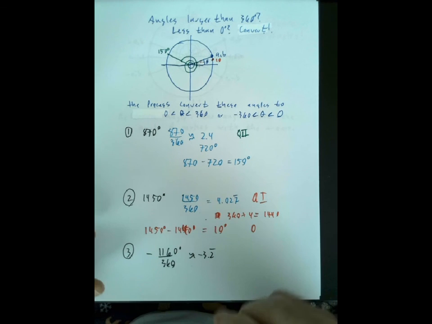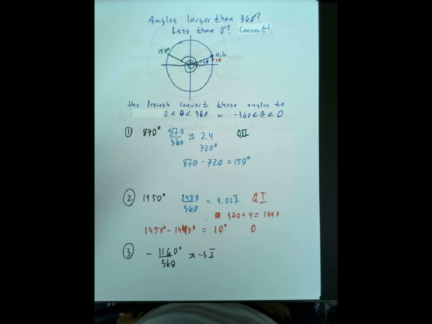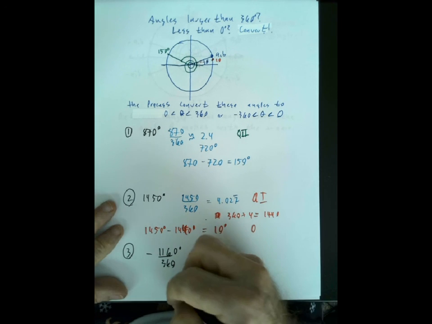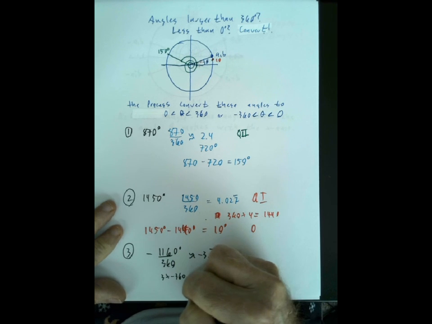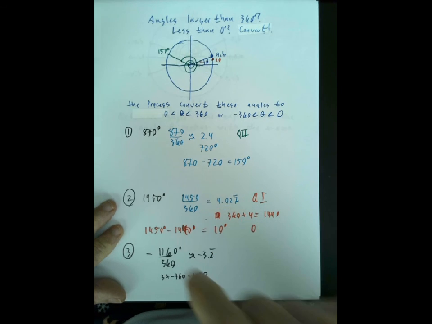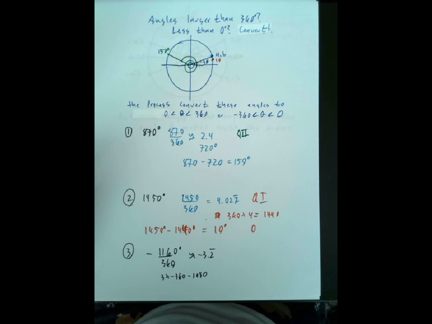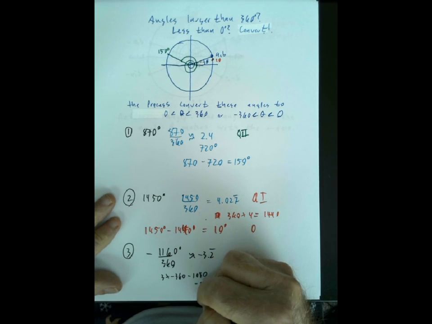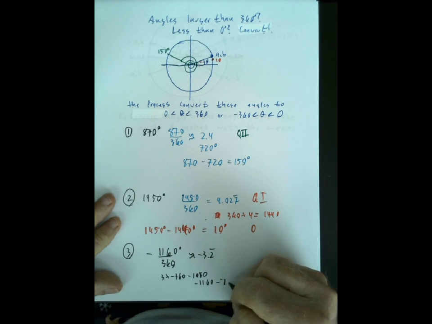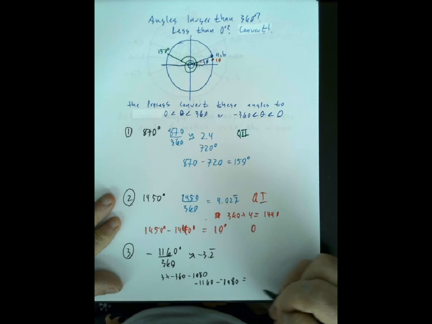So that's 3 times 360. So 3 times negative 360 is negative 1080. So I'm going to subtract: negative 1160 minus negative 1080 is equal to negative 80.